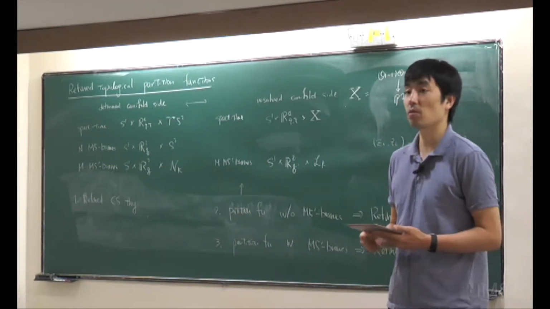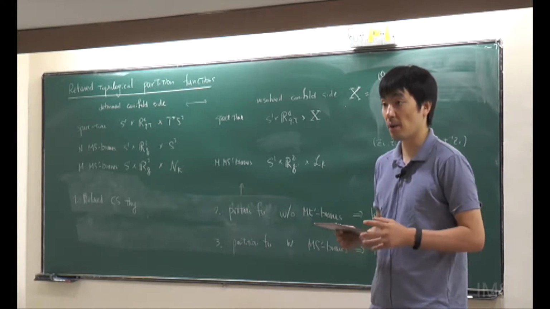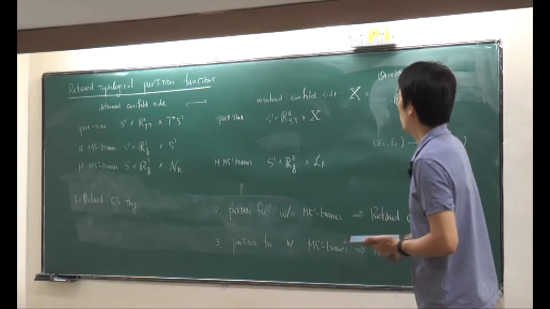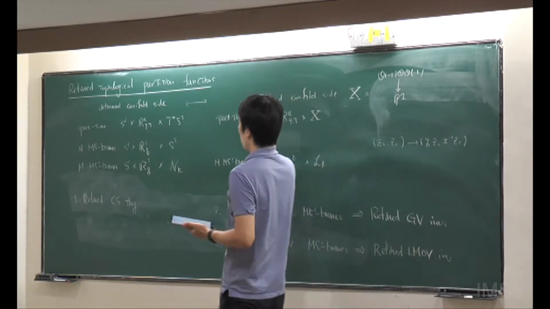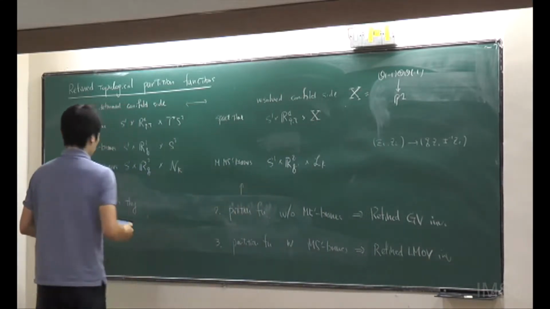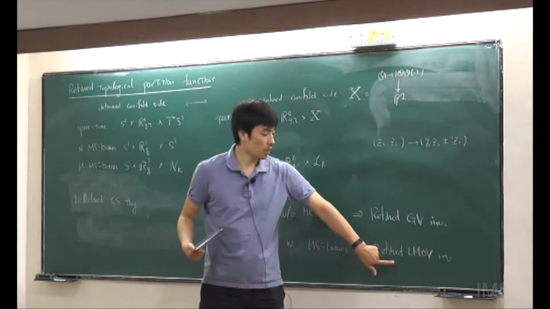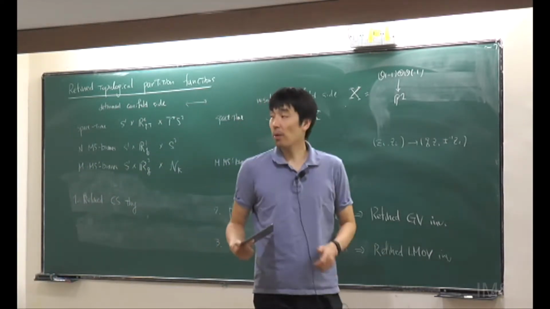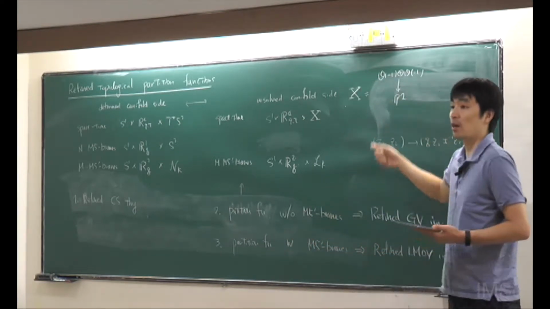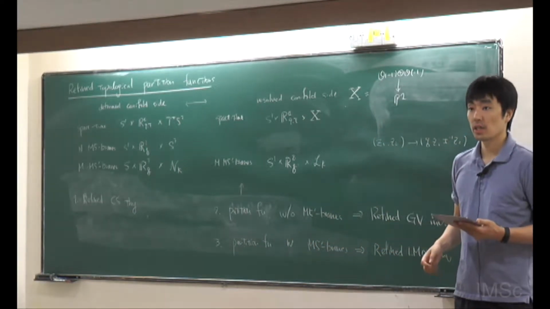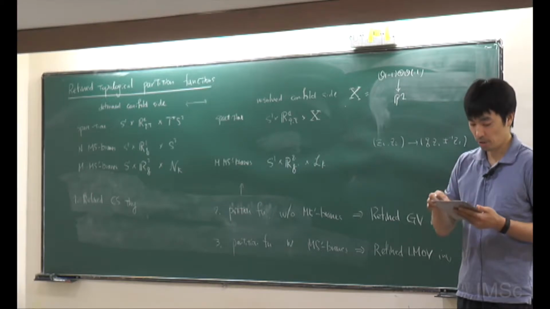Both are so-called enumerative invariants of the Calabi-Yau manifold. Therefore, this geometric transition or large N duality provides a relation between knot invariants and enumerative invariants inside a resolved conifold. So that's the goal of today's lectures.